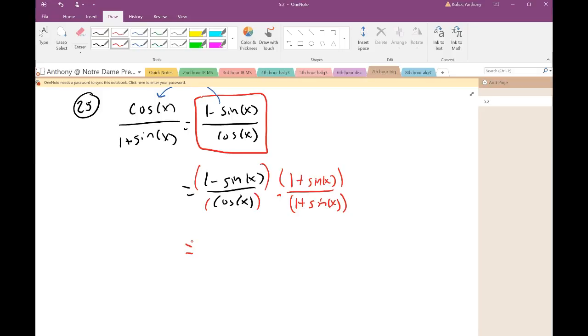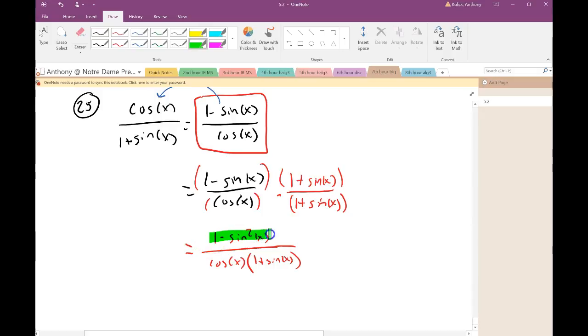So I'll FOIL out the numerator. When I do that, I get 1 minus sine squared. And the denominator I'm not going to multiply out. I'm just going to write them next to each other like a multiplication problem. Now let's look at the advantage of what happened here.